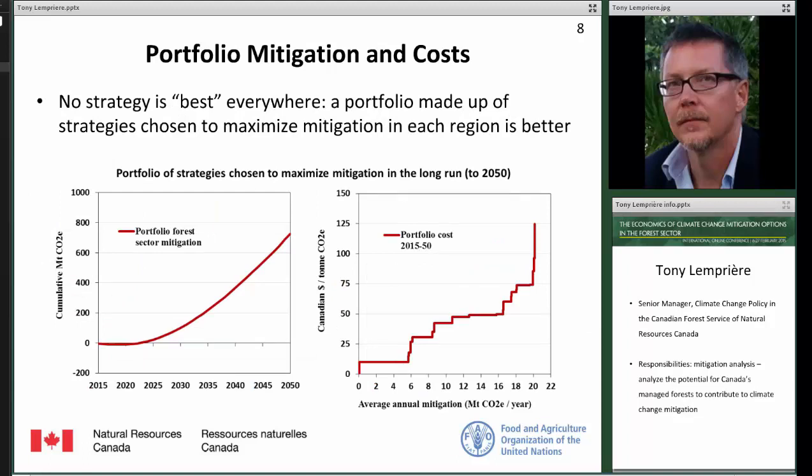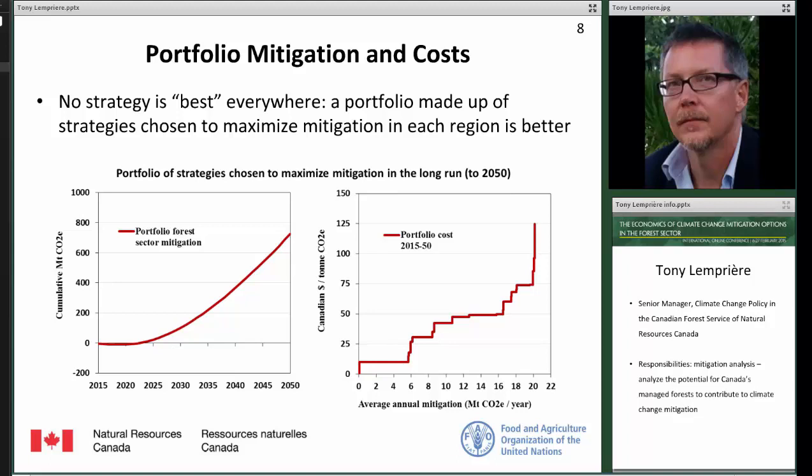In fact, it makes more sense to choose a portfolio of strategies that uses in each region the strategy that maximizes mitigation in that region. The figure on the left shows such a portfolio for forest sector mitigation. It achieves about 150 megatons more in total mitigation than the single best strategy shown on slide 6.